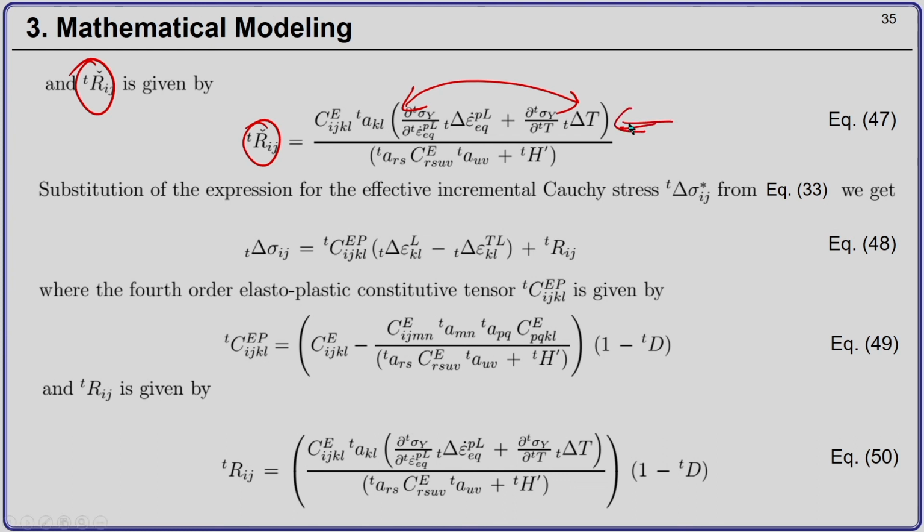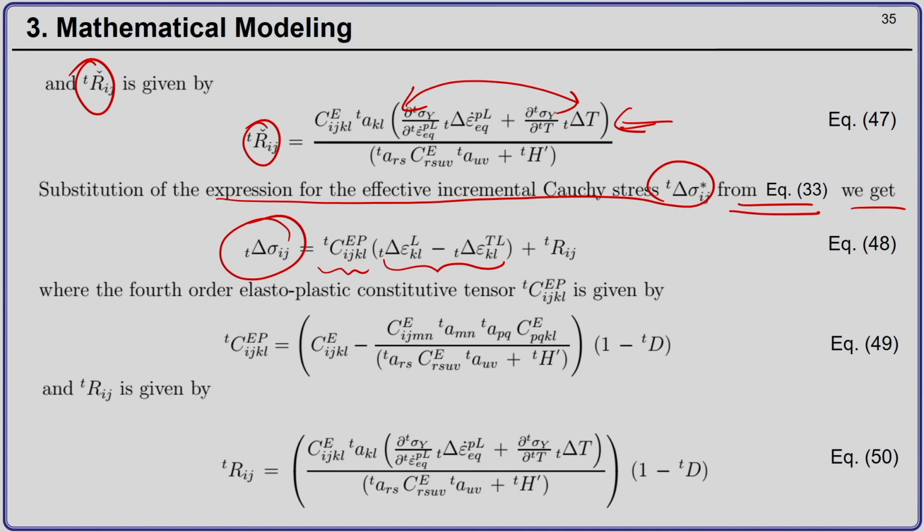Substituting the expression for the incremental Cauchy stress from equation number 33, we get that the incremental Cauchy stress is equal to C_ijkl elastoplastic into the incremental plastic strain plus R, where the fourth order elastoplastic constitutive tensor CEP is given by the following relation.